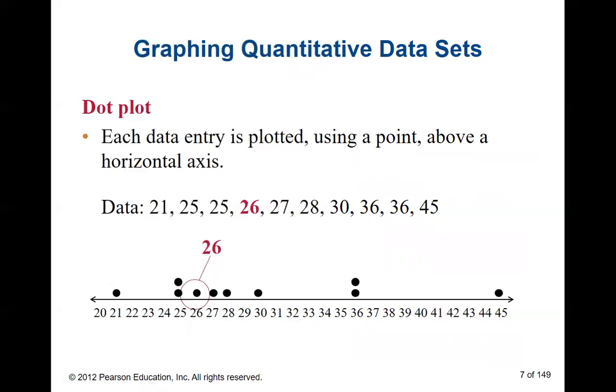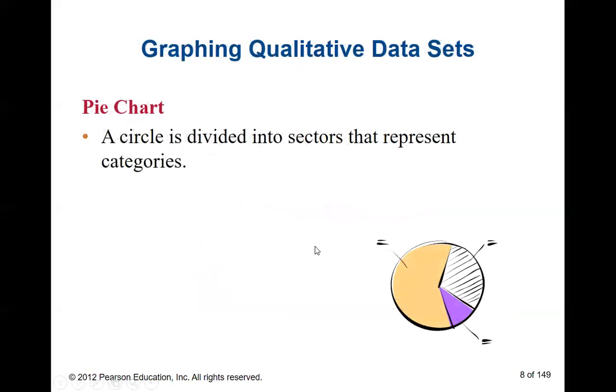Yes, as opposed to something like a histogram that just puts things in groups. I can still tell where I would have the highest frequency because I'd see where I have the most dots stacked up. But that looks like it might be kind of a pain to write out that way, because I've got this number line and I've got to account for all the numbers. So we're not going to make one. We just know we could.